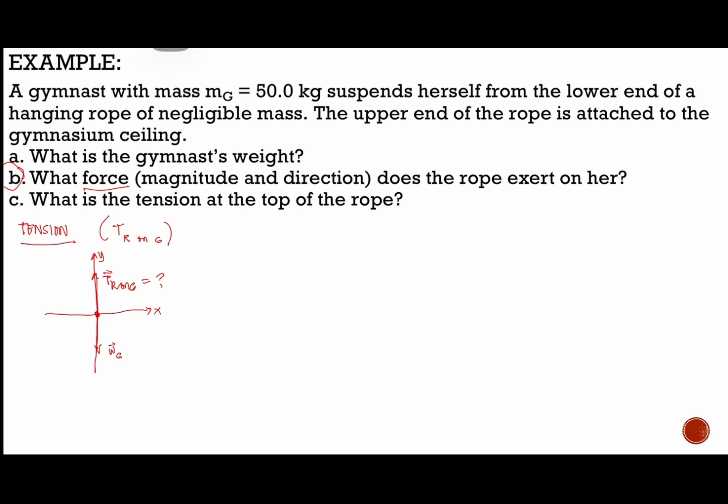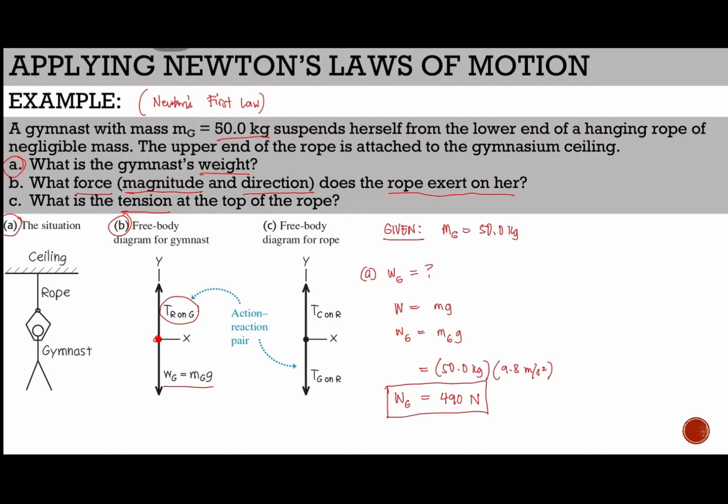Now again, since this is an example of an application of Newton's first law, we will start with this equation: the sum of all forces is equal to 0. Notice on the free body diagram that there are no forces along the x-axis.